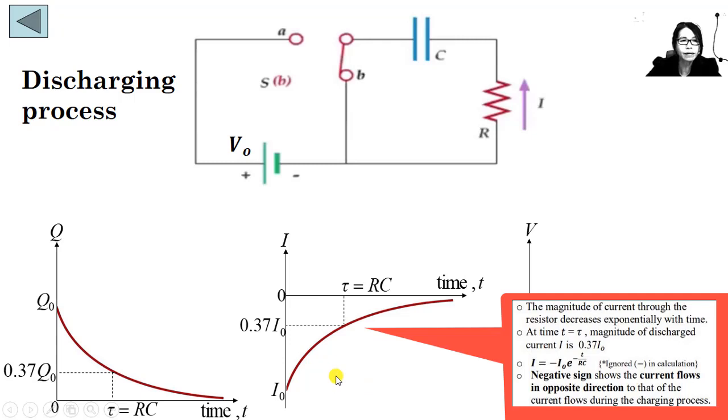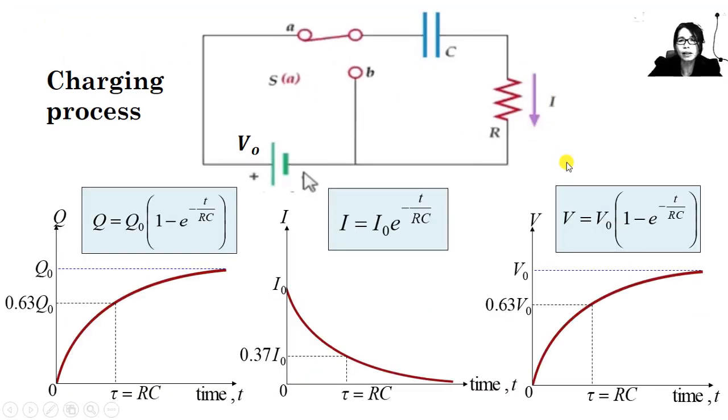Why? The negative shows that the current flows in the opposite direction to that of the current flow during the charging process. Notice that? So this is the direction of current flow through the resistor during the discharging process. It's opposite to the direction of current flow during the charging process.